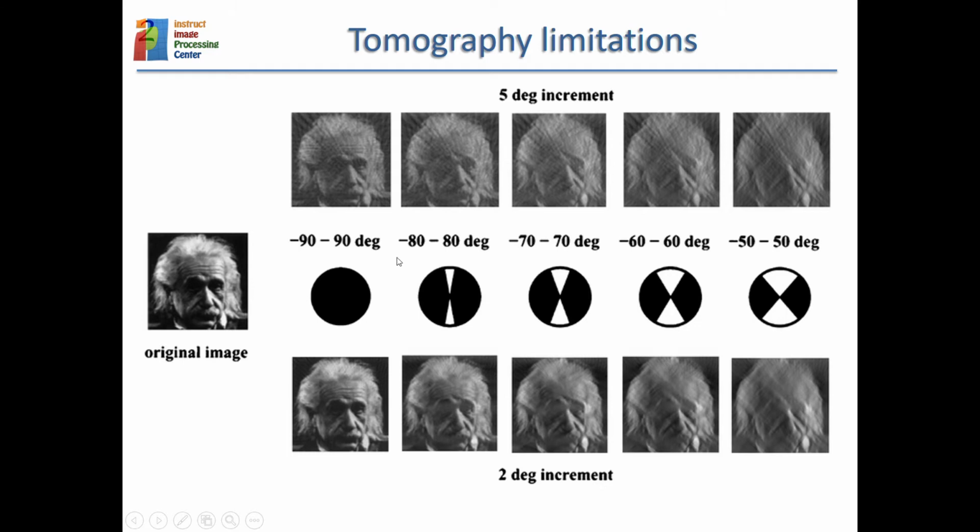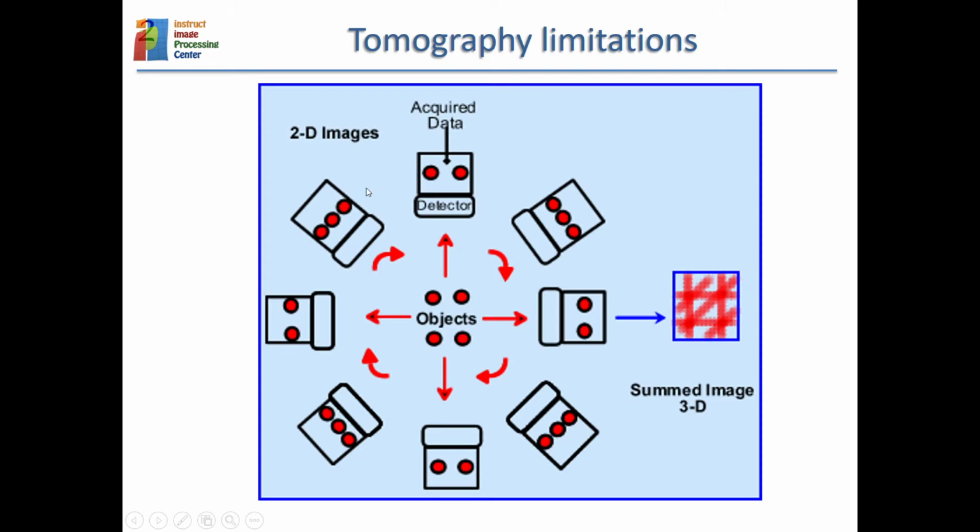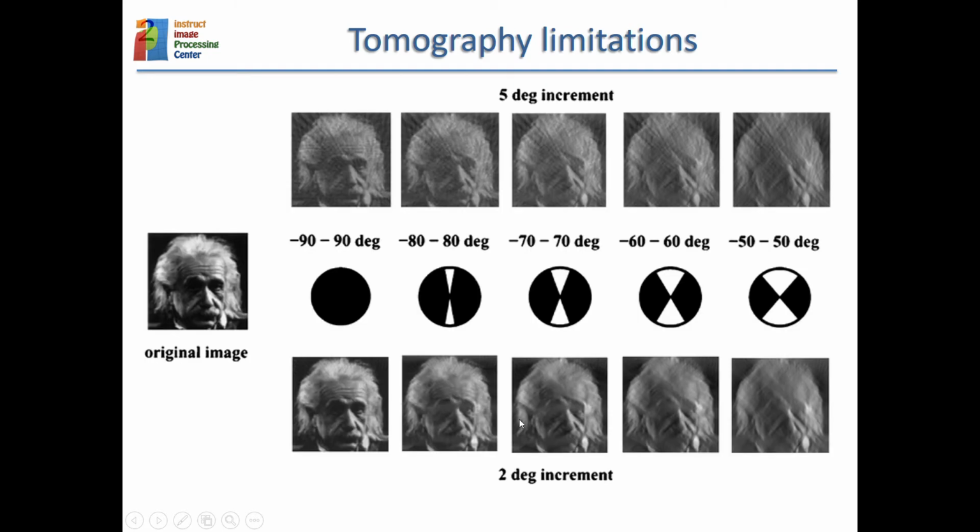So if we take projections only from -80 to 80 degrees, so that means that part of these projections are missing, then the 3D reconstruction is almost not affected. So just 10 degrees here or 20 degrees here of missing information, it is not very visible.